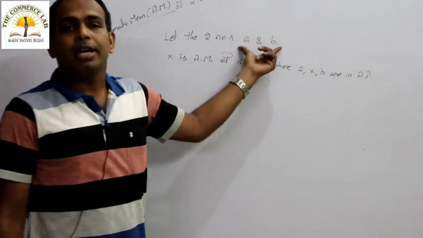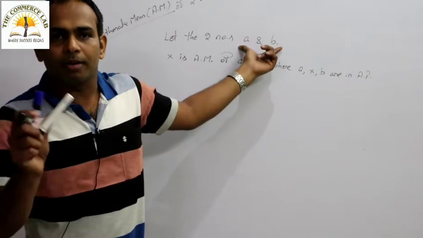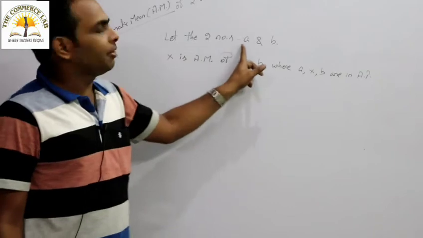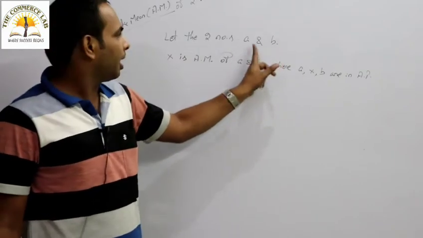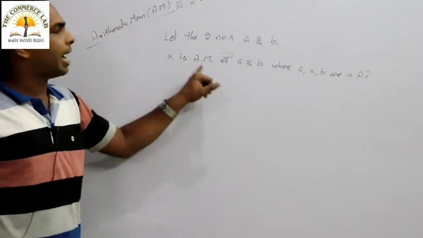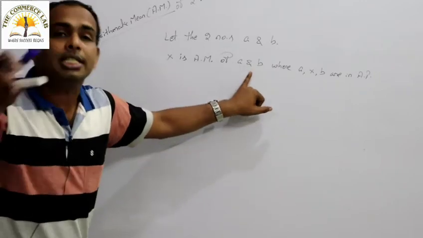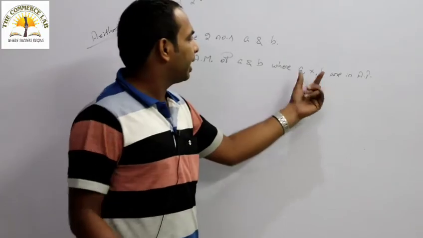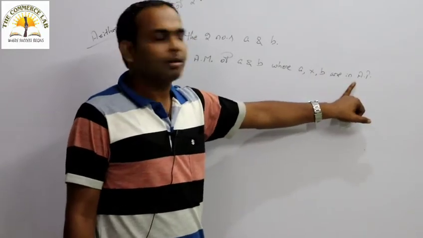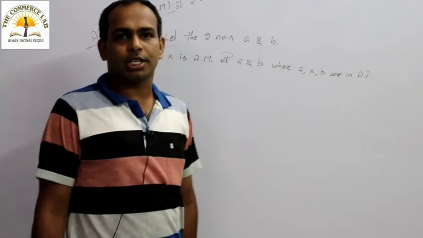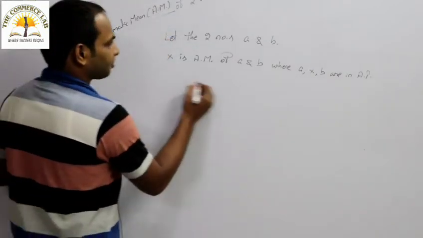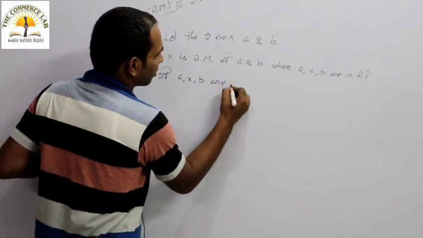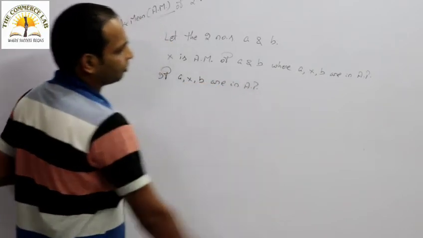a and b are two numbers. x is one number that lies between a and b, and x is known as the arithmetic mean of a and b, which satisfies a, x, b. That means a, x, b are in AP.